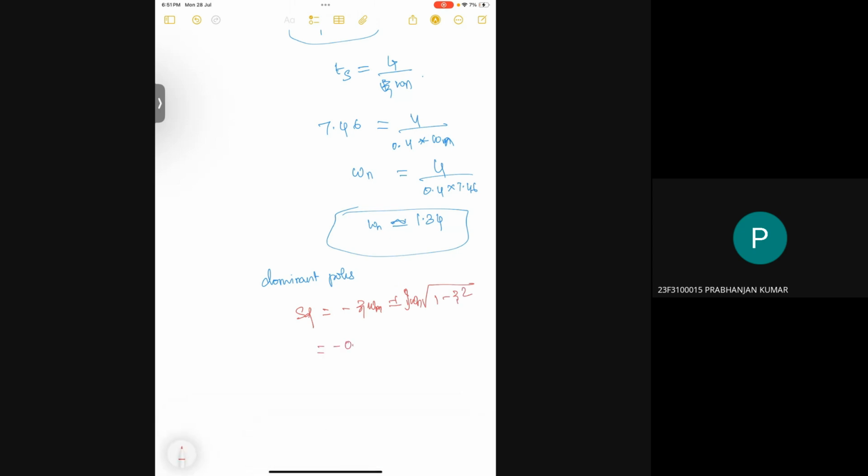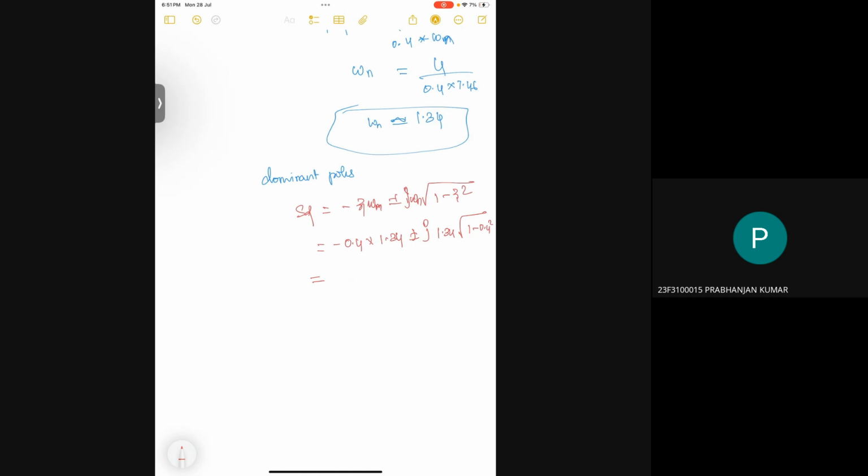Right, this will be minus 0.4 into 1.34 plus or minus j 1.34 root of 1 minus 0.4 square. 0.4 into 1.34 is giving me 0.535 plus or minus j root of 1 minus 0.16 into 1.34. Right, this is giving me 1.34. Okay, these are your dominant pole pairs.